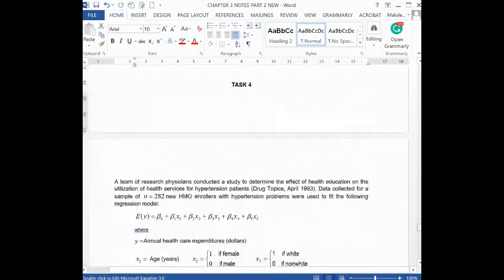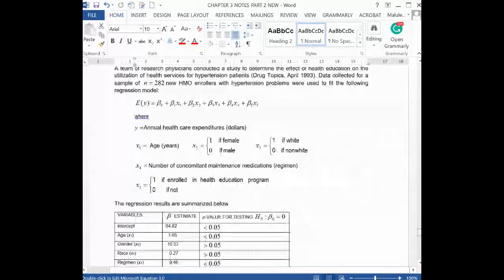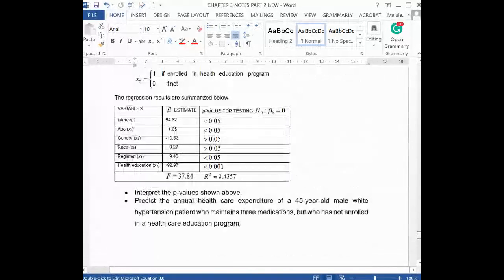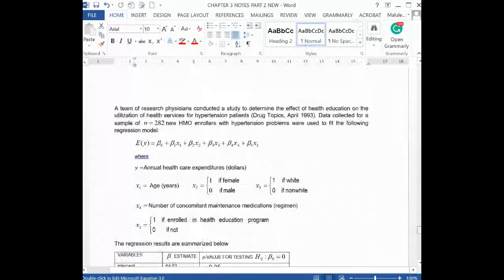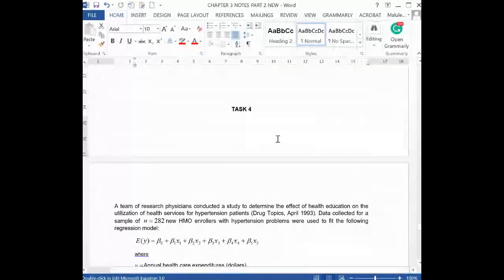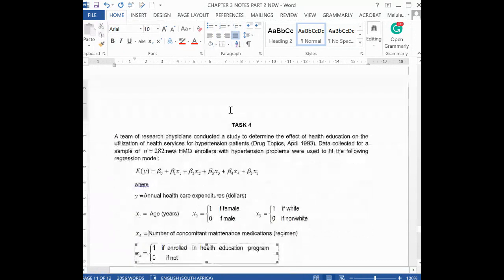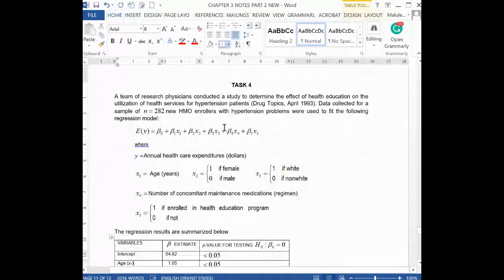So now I think I've covered that. There's another question that is your task. You will do it whenever you are free. Let me change it here, it's task 4. You can go and try it. Wherever you are having some challenges, you can consult me.